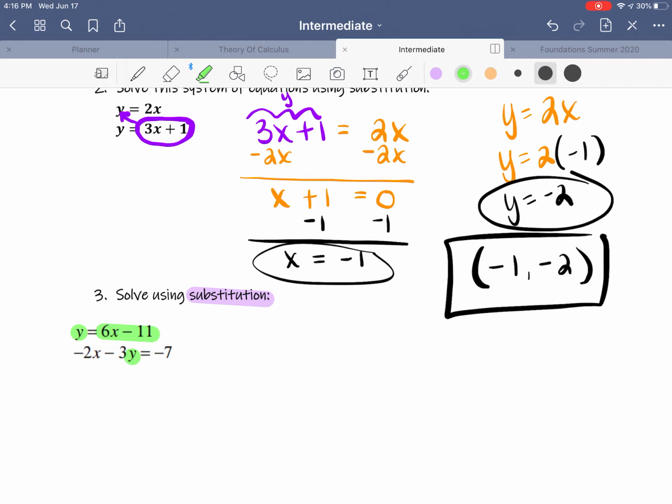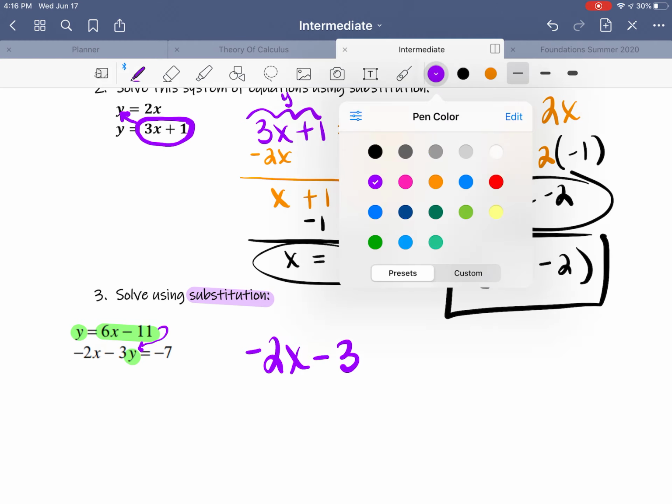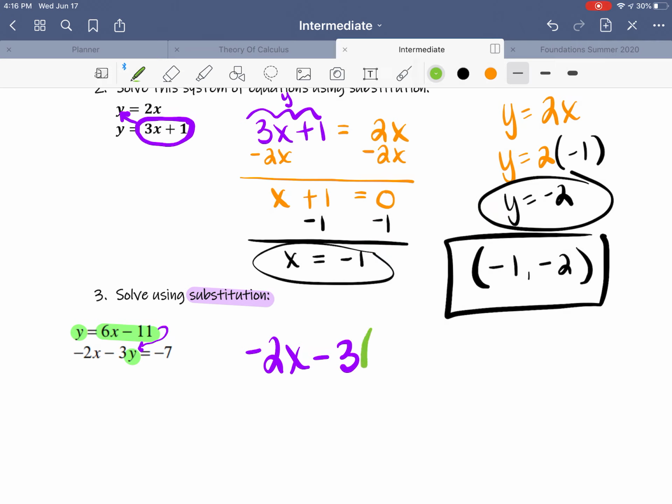So I'm going to take that stuff and I'm going to sub it in to there. So I have negative 2x, I don't touch that, minus 3, I don't touch that, and then this is where I am going to sub in the y value stuff.